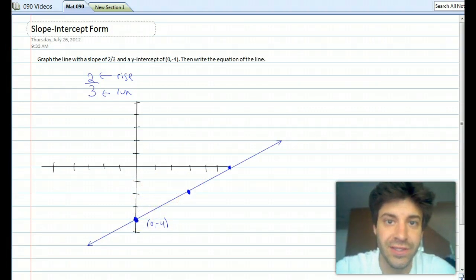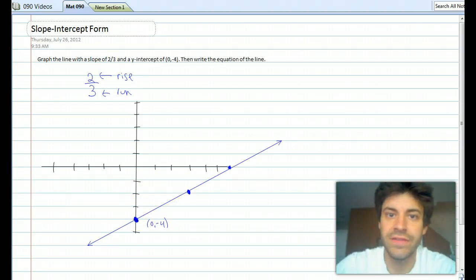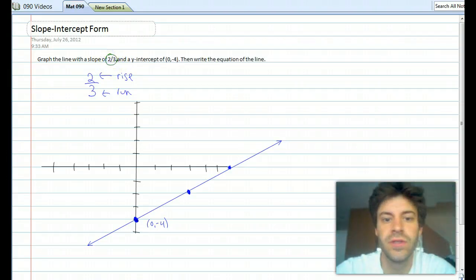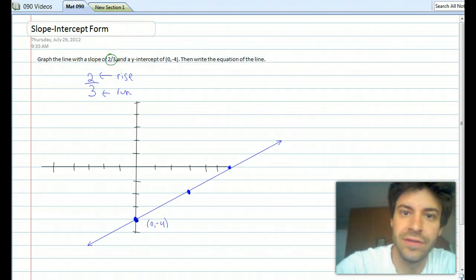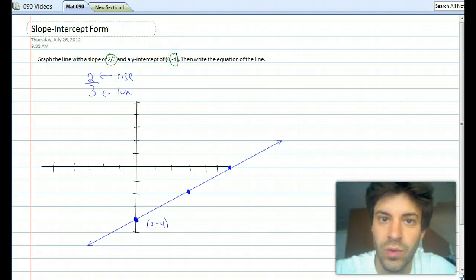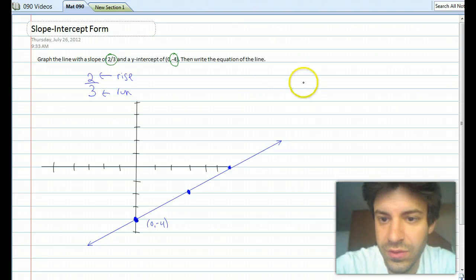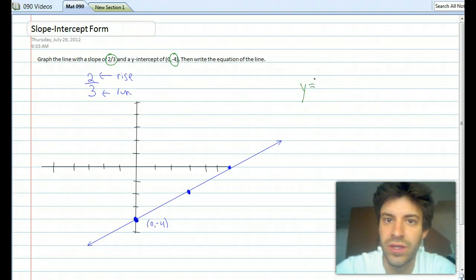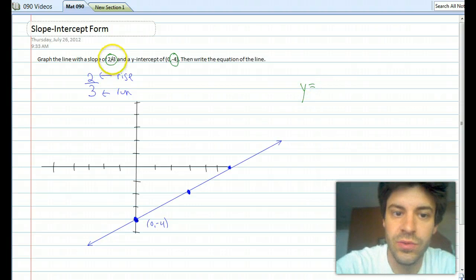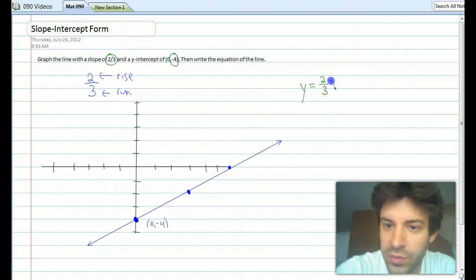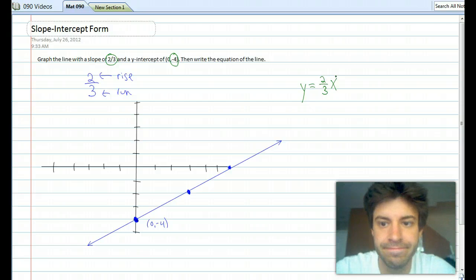Writing an equation for this line is actually really easy. All you have to do is pick out your slope, that's 2/3, and pick out the value of your y-intercept. In this case, the y value of our y-intercept is -4. All we have to do is write down this equation. y equals, and you write down your slope, 2/3, and right next to the slope you put an x.